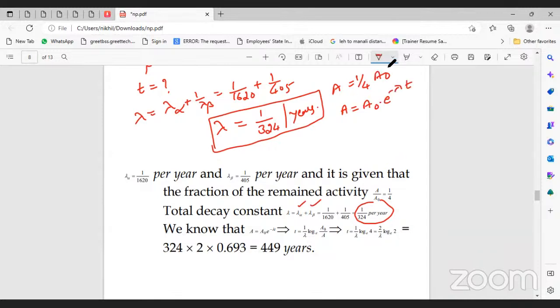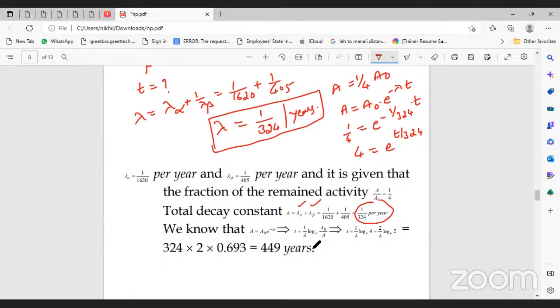A is 1/4 of A0, so A can be taken as A0 by 4. So it becomes 1 by 4 equals e power minus (1 by 324) into t. On taking reciprocal, it becomes 4 equals e power t by 324.